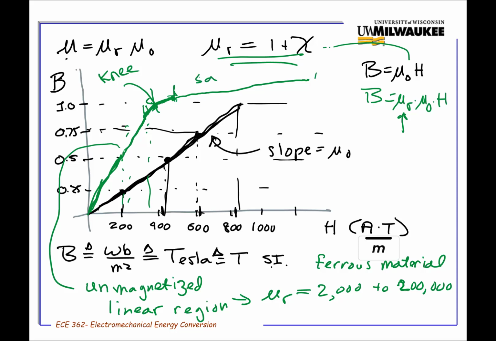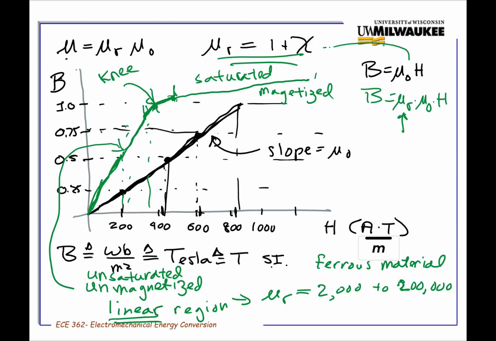This is called the saturated region, or the magnetized region. So you're fully magnetized, and it would follow then down here in this unmagnetized region. I could call this the unsaturated region, and it's the linear region.